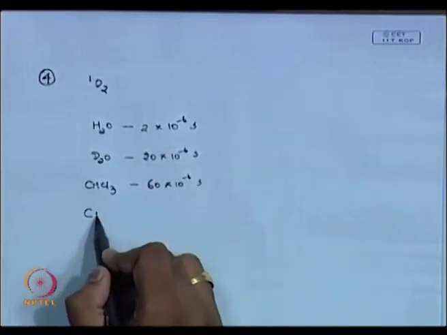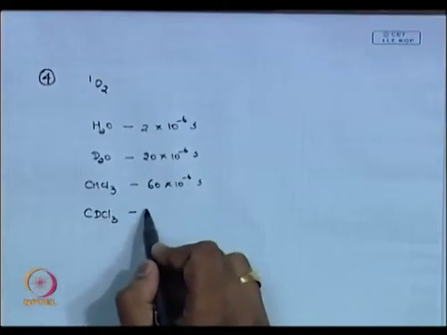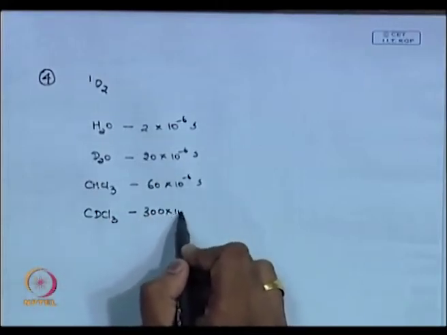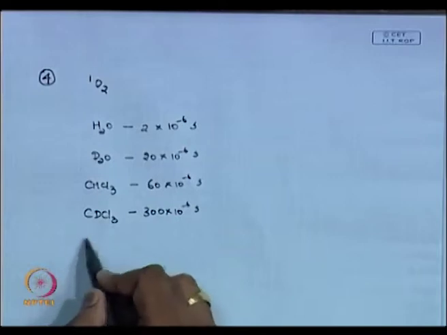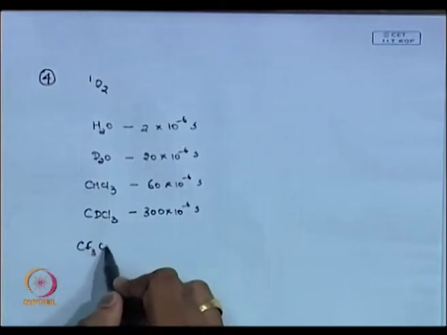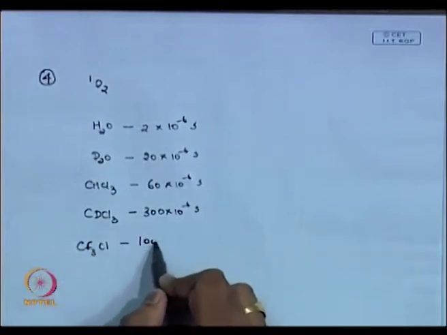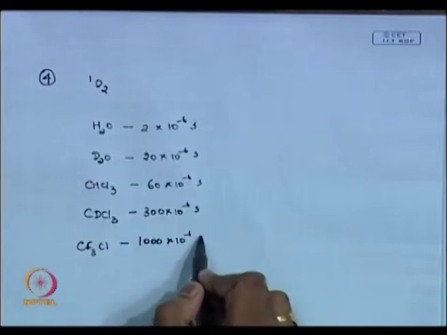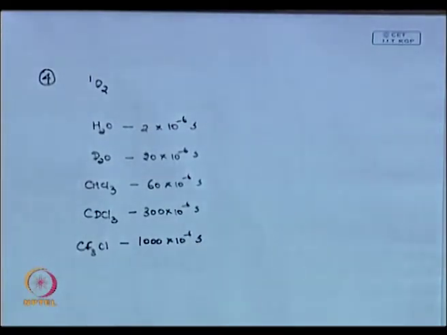In CDCl3, 300 into 10 to the power of minus 6 second. If it is CF3Cl, it is 1000 into 10 to the power of minus 6 second. So, it is highly solvent dependent, but it works around 10 to the power of minus 6 seconds. It is always nice to know the lifetime of your species, so that you can think of many good chemistry reactions.